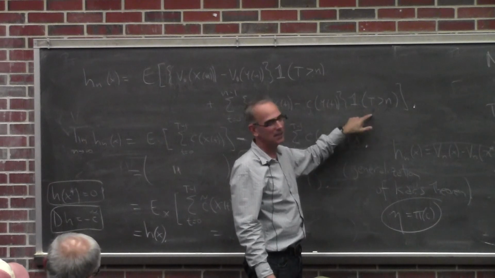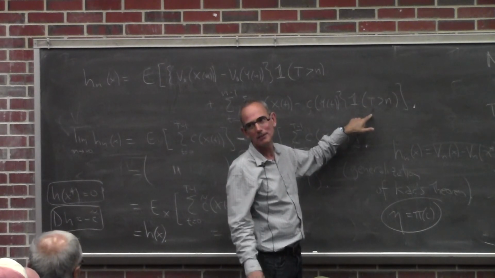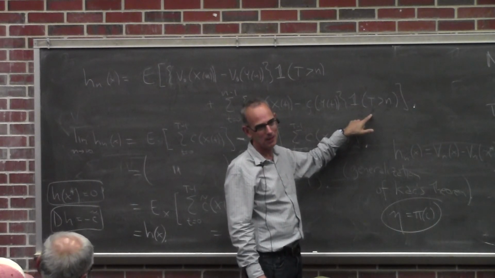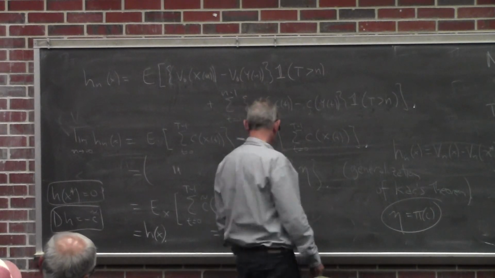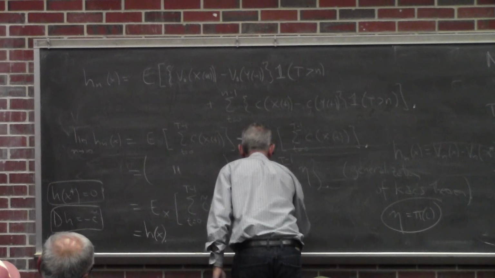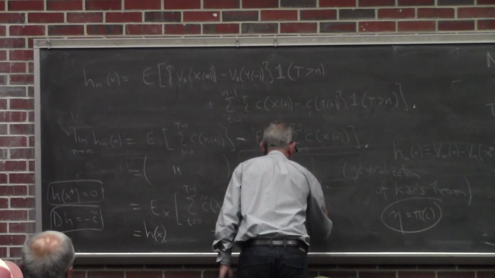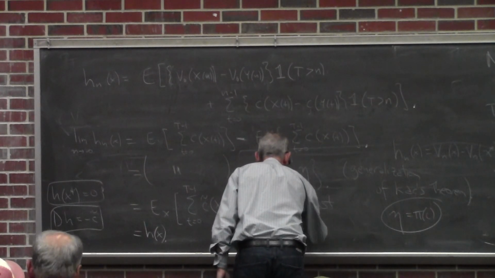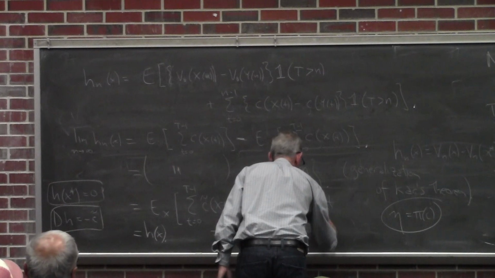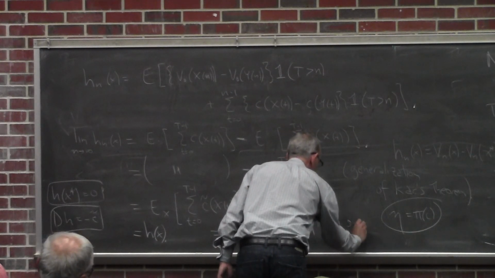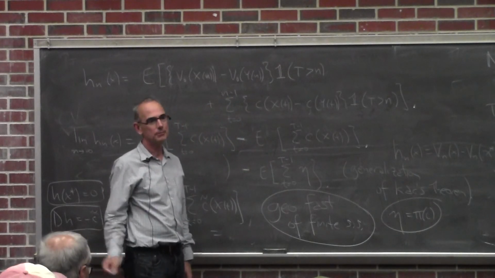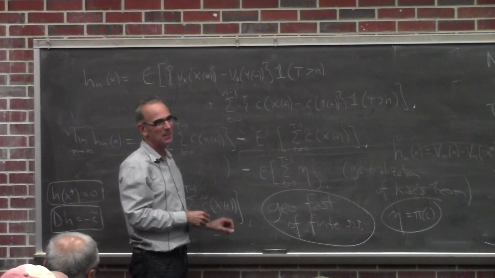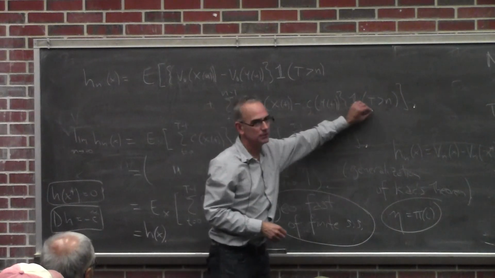If you have a second moment, you'll have a 1 over n squared rate of convergence. Go back to your bounds. We actually know it's geometrically fast. Our spectral theory says that. We'll do it as an exercise.